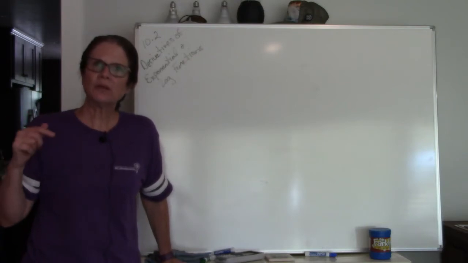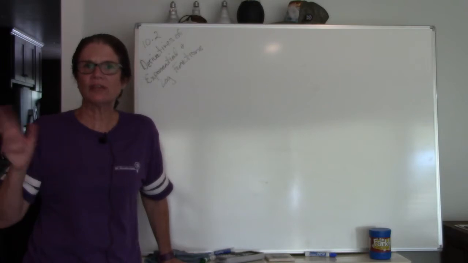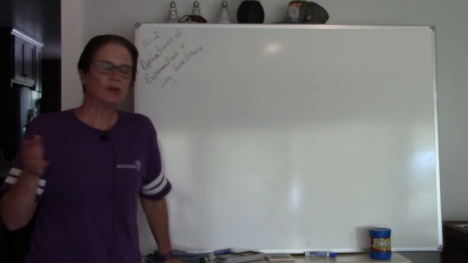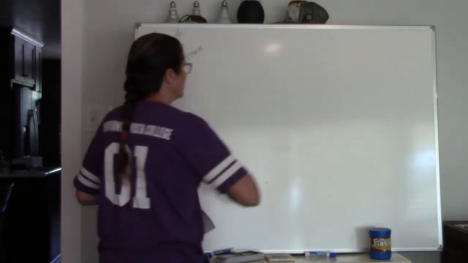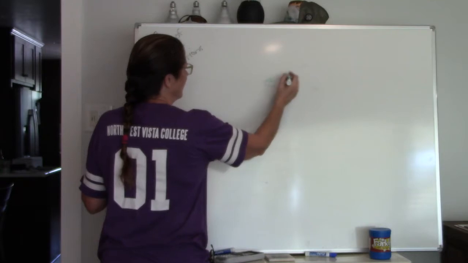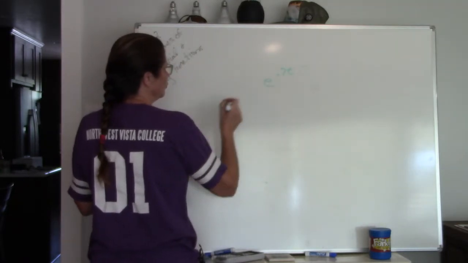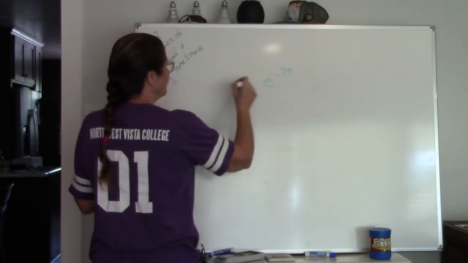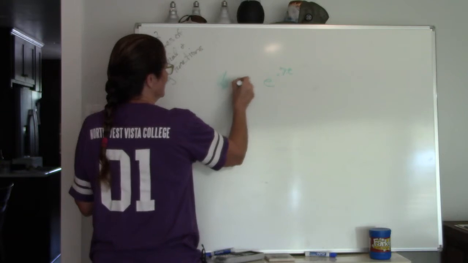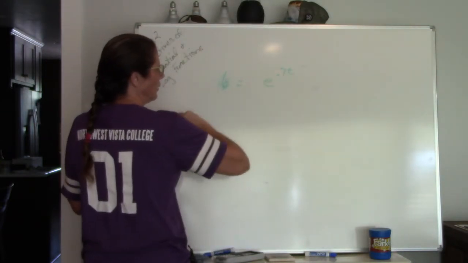Just a quick review. Exponential functions and log functions are inverses of each other. One will undo the other. So let's say you have the function e raised to the 0.7t equals 6, and we want to get rid of the e because we want to find out what t is.